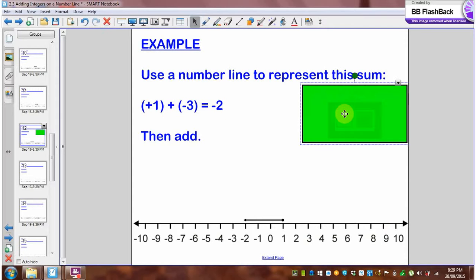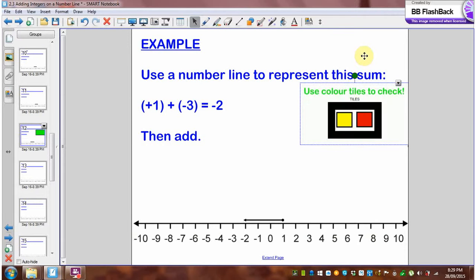Okay, so let's just check that with the method we did in one of the previous lessons. So we're going to use our tiles now. And the way we use our tiles, we use yellow tiles for positive and red tiles for negative. Okay, so we have one positive tile.